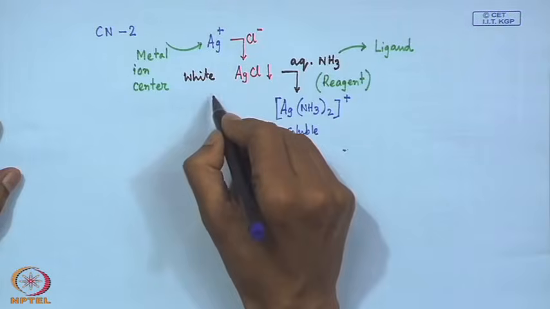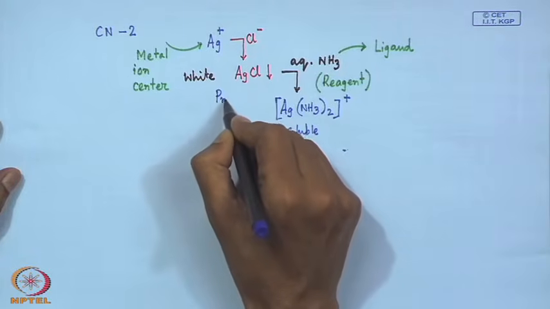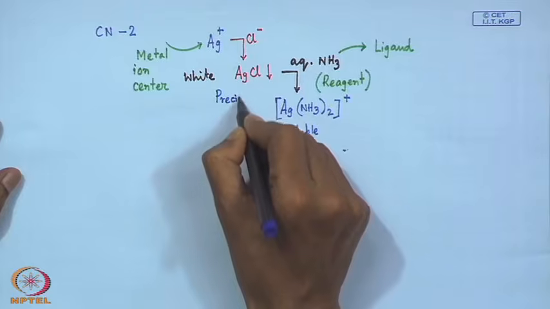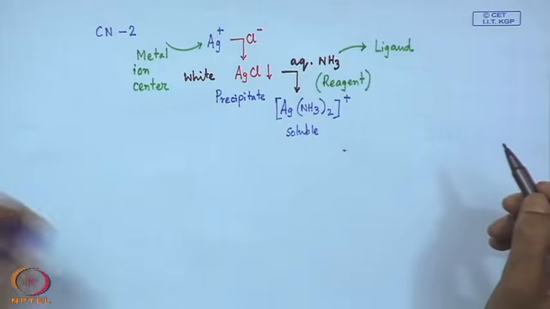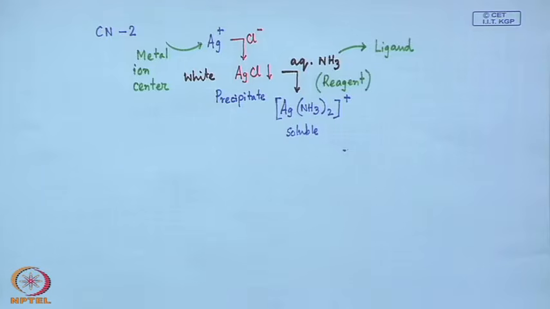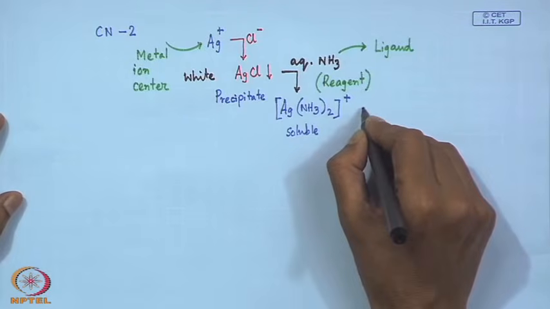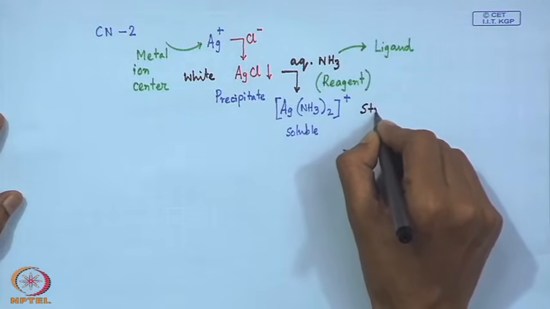So, we have the precipitate, which is solubilizing due to the addition of the ligand ammonia. So, what will be the structure?